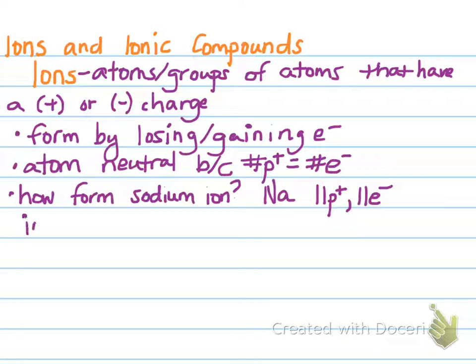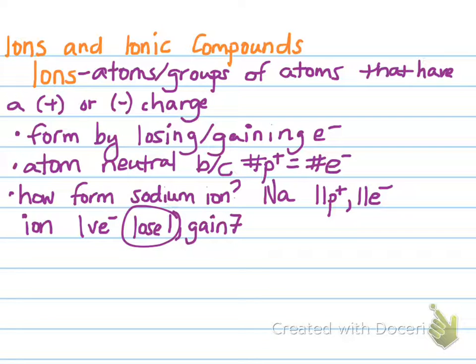When it forms an ion, remember that sodium has 1 valence electron, so it can either lose 1 or gain 7. Remember, it's always going to do what's easiest. It's going to lose 1, so it's going to become Na+ with a +1 charge, which means it has 11 protons and only 10 electrons. Remember, it's gotten 10 electrons just like neon, which is a noble gas.